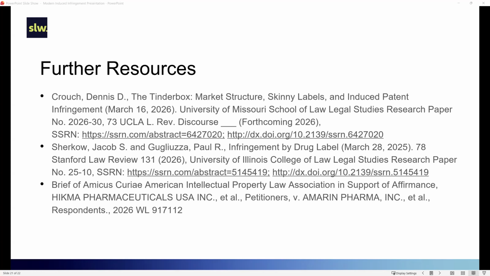One thing I noticed is that the Solicitor General seemed to support the accused infringers in both Cox, the internet provider, and in Hikma, the generic drug company, arguing for narrower secondary liability.